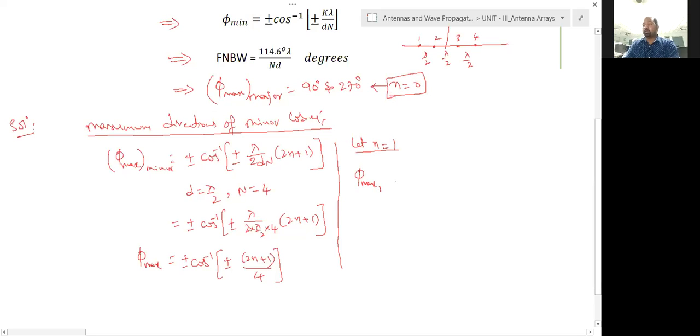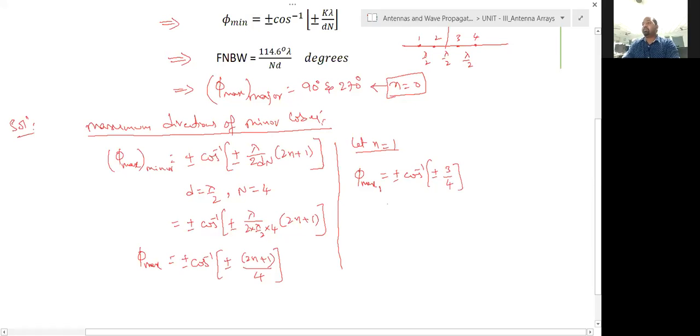Phi max 1, the first minor lobe maxima, is equal to plus or minus cos inverse of plus or minus (2n plus 1) over 4. So with n is equal to 1, that is 3 by 4.